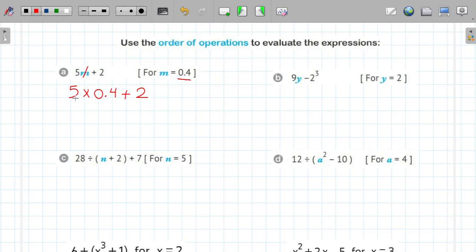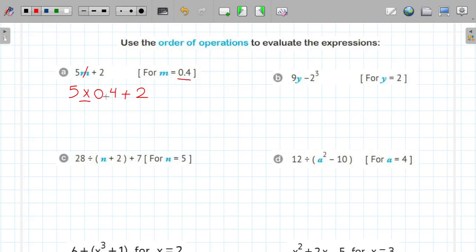Okay, next I have here multiplication and addition, and in order of operations we have first multiplication and then we have the addition. Okay, so I will do the multiplication first.